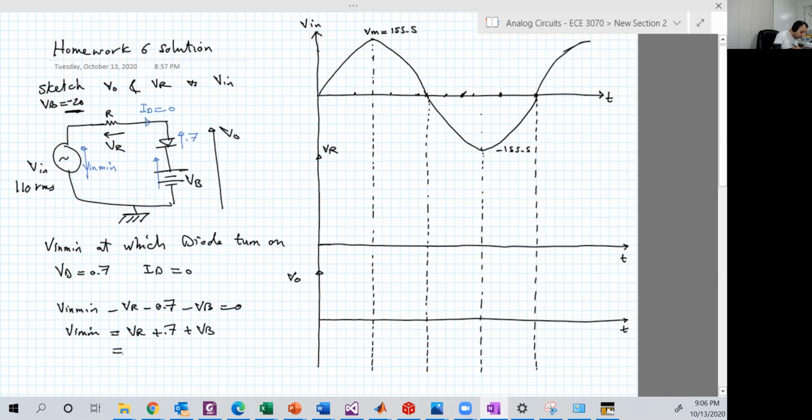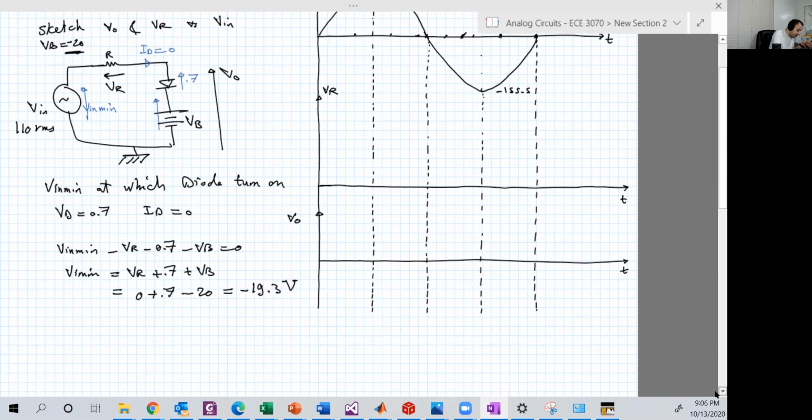VR is 0 because VR is equal to ID multiplied by R, and at the input minimum, the input at which the diode will turn on, the current is 0. So VR is 0, VD is 0.7, and VB is minus 20. Good, so the input minimum is minus 19.3 volts. So this will be the transition point.